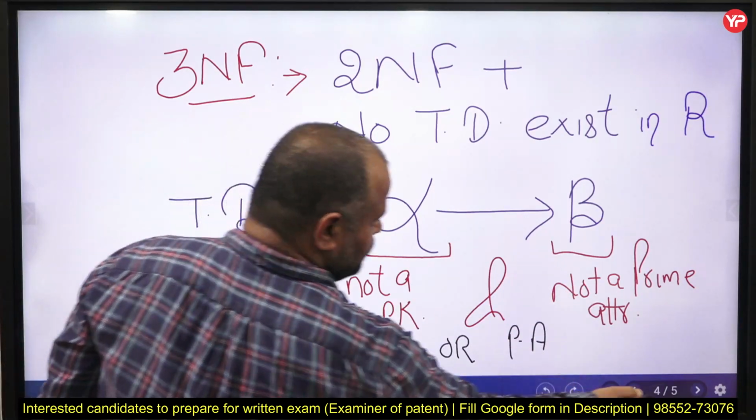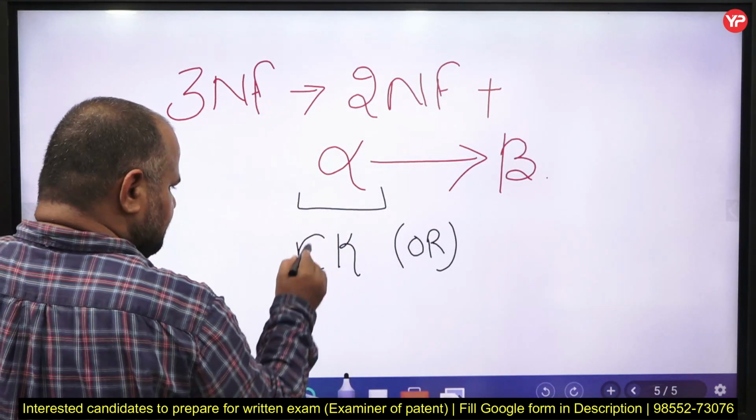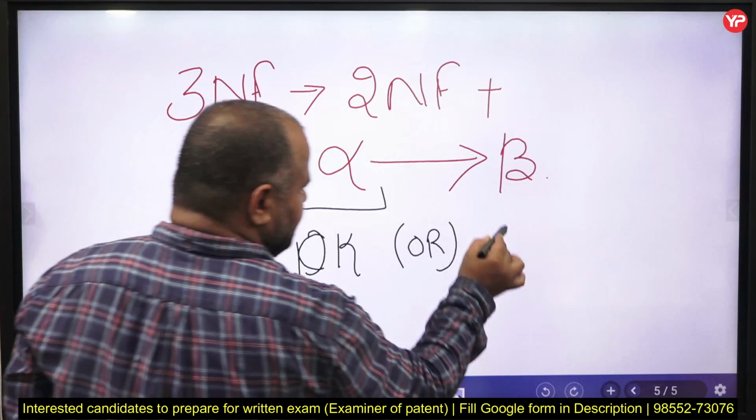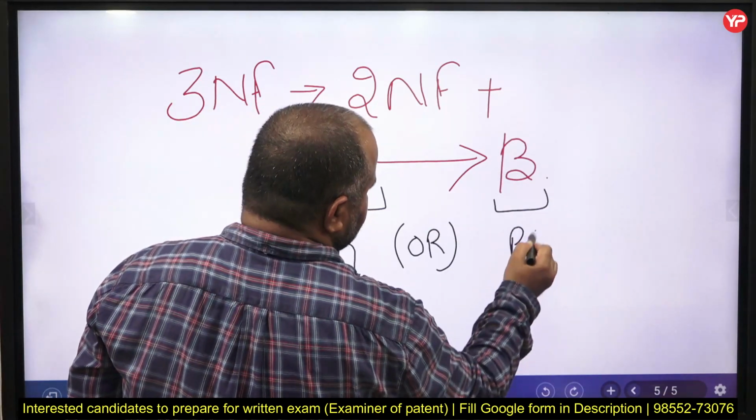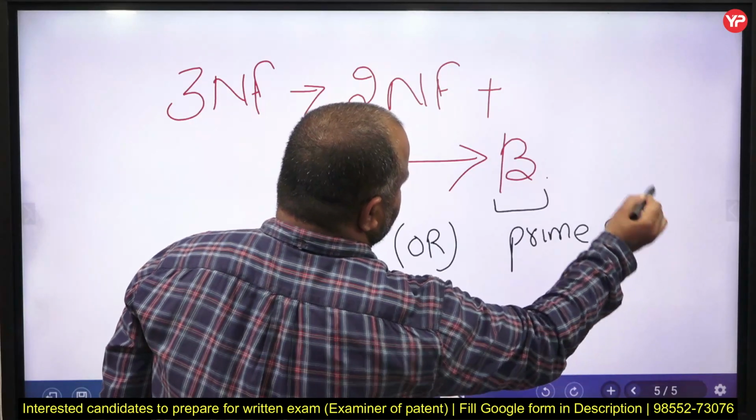So if alpha is either a key, or I can say primary key, or beta is a prime attribute, in that case that relation is in 3NF.